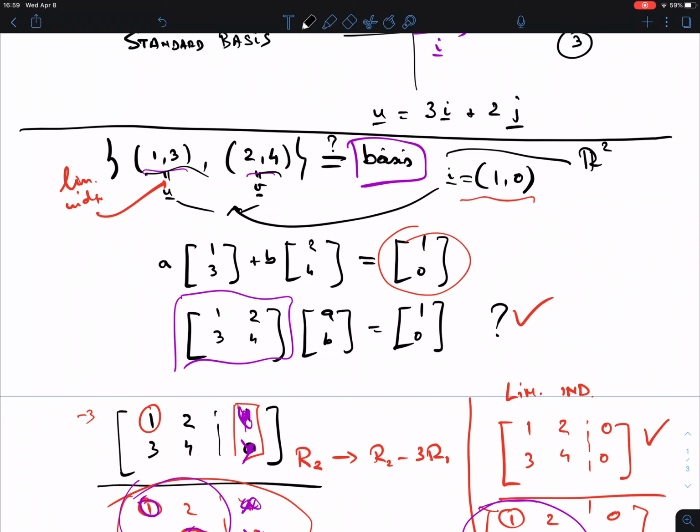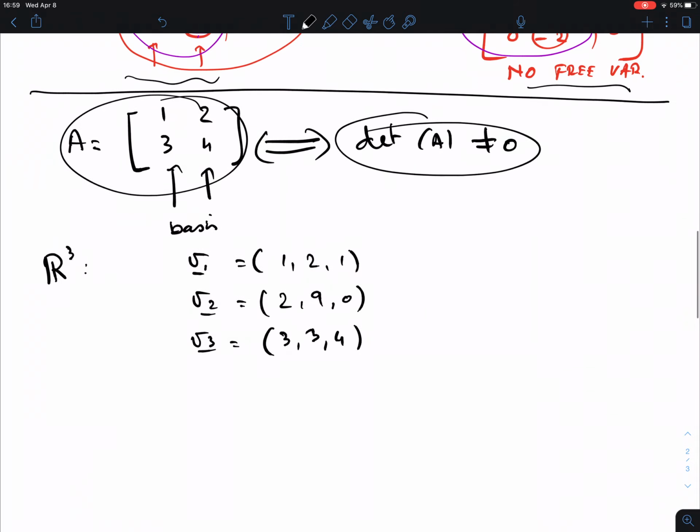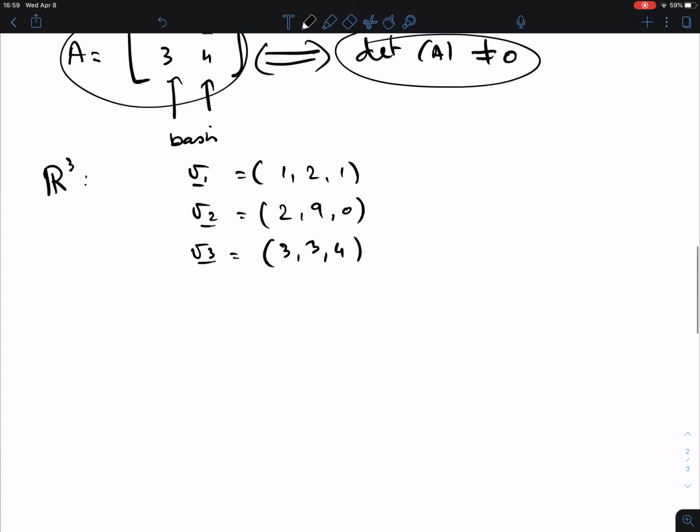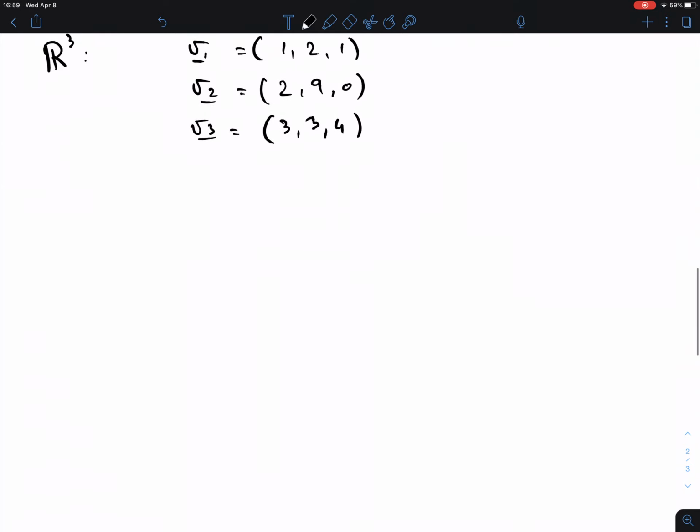Dimension is exactly the number of elements in the basis. Now, in R3, we're going to have 3 dimensions, and therefore we're going to have 3 basis vectors, because after all, we need a square matrix, right?